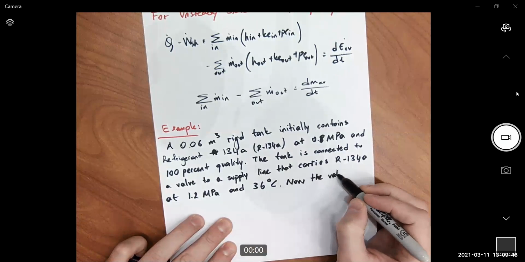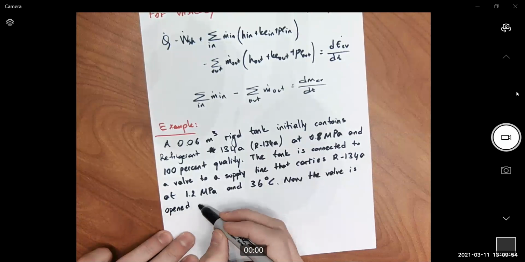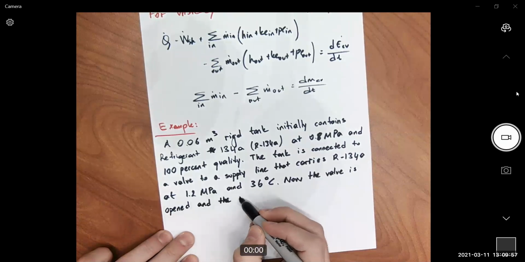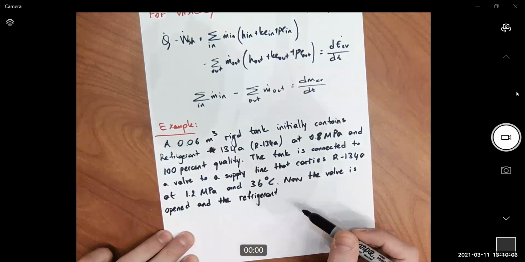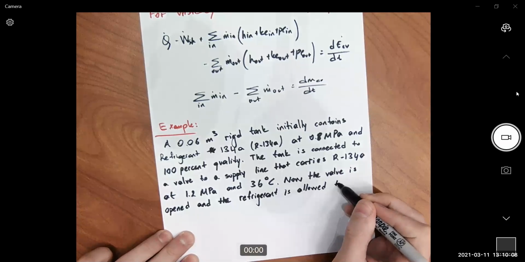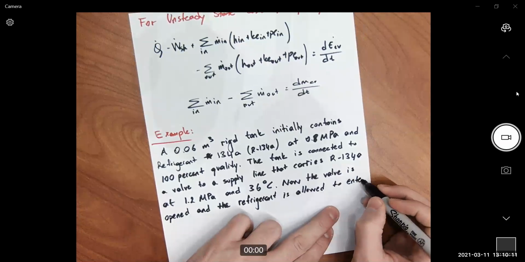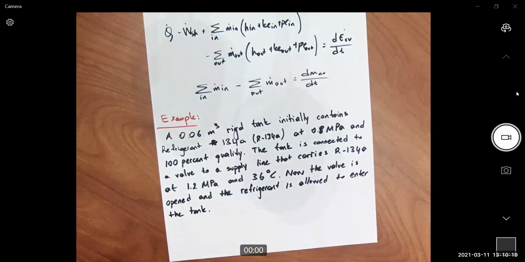Now the valve is open, and the refrigerant is allowed to enter the tank. Right? I'm changing the condition now. I had a condition in the beginning, but I'm changing the condition by letting refrigerant in.